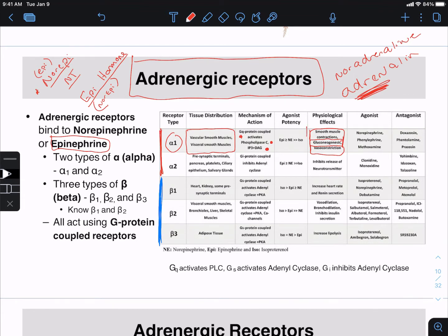Now look at this one right here. I want you to look at this box that I just drew a circle around, and you can see here that what we have is a relationship between epinephrine and norepinephrine. Notice that the alpha receptor binds epinephrine with greater or equal affinity to norepinephrine.